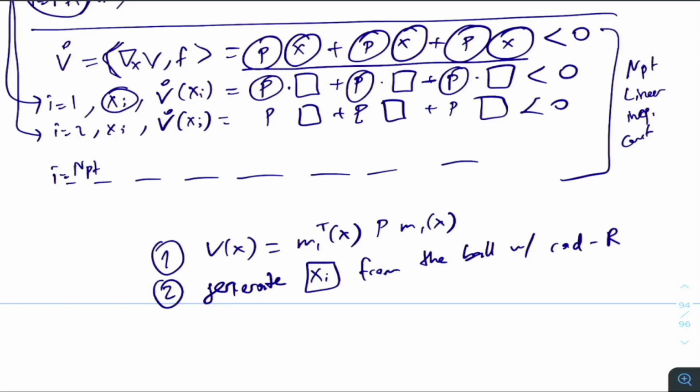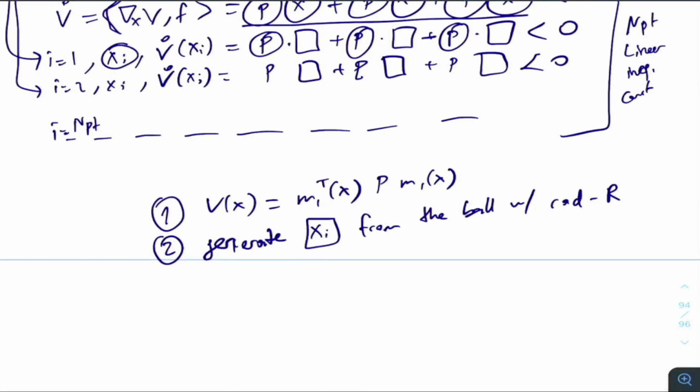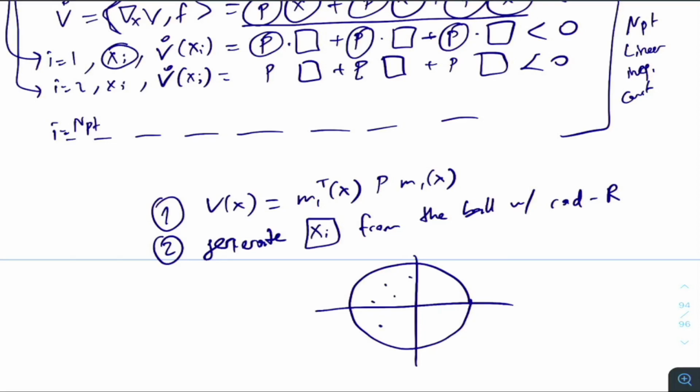What I'm saying is this: you can, for example, pick a ball with radius r, draw a bunch of samples, and construct V(x) greater than 0 for x not equal 0, and V dot of x less than 0 for x not equal 0.